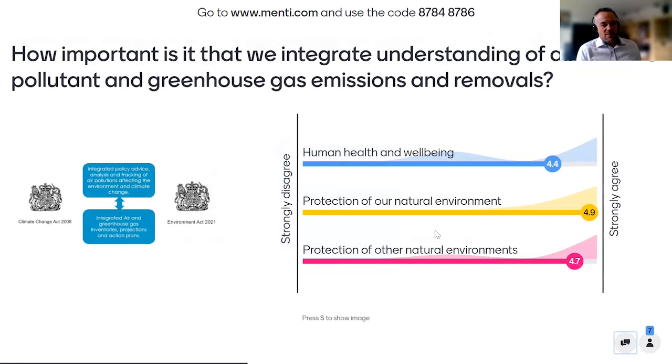And we need to look at it from a perspective of human health, well-being, protecting our own natural environment, and also protecting the natural environment of others. And so this is not just the global impact from greenhouse gases, but also the transboundary impact of air pollutants that will form new pollutants in the atmosphere and cause problems outside our national boundaries.